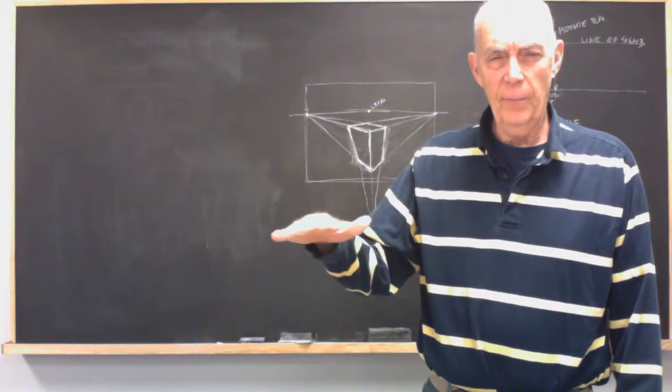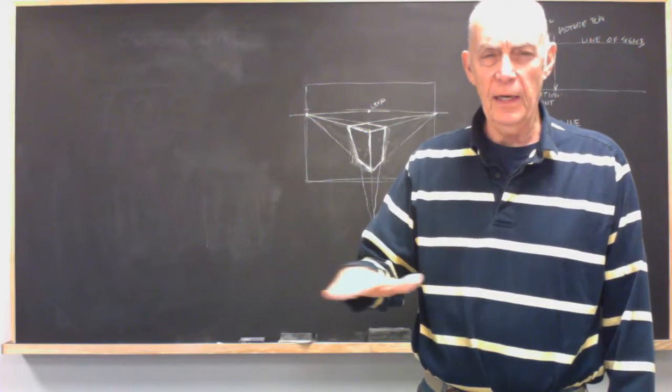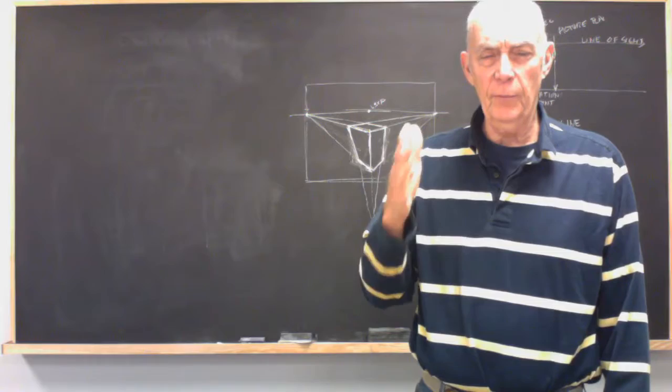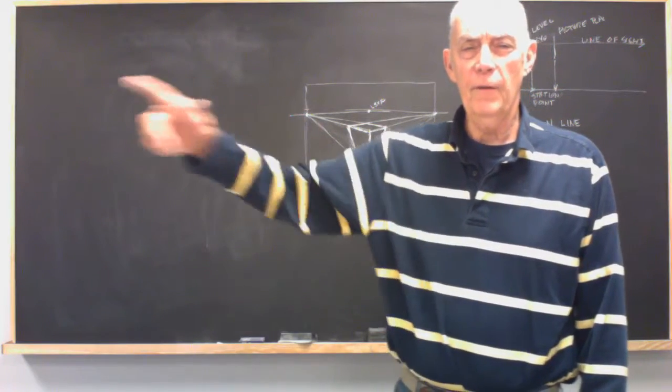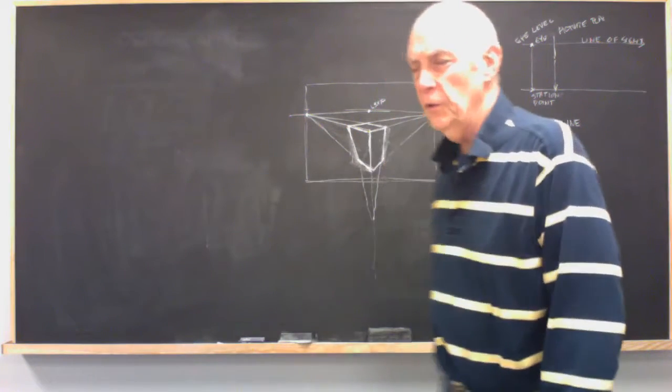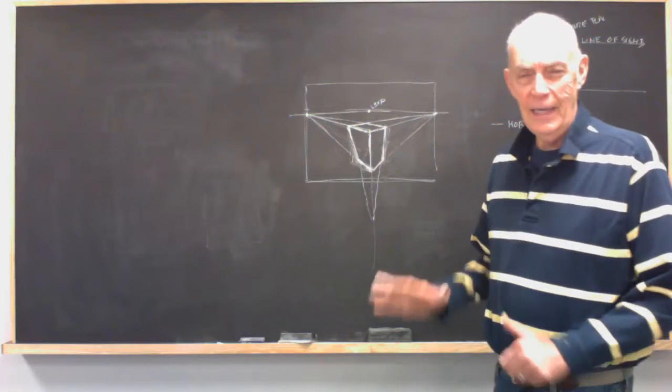Now, up until this point, we've been talking about planes that are parallel to the ground plane, perpendicular to the ground plane, or moving away from the picture plane. What we're going to do now is talk about an inclined plane.